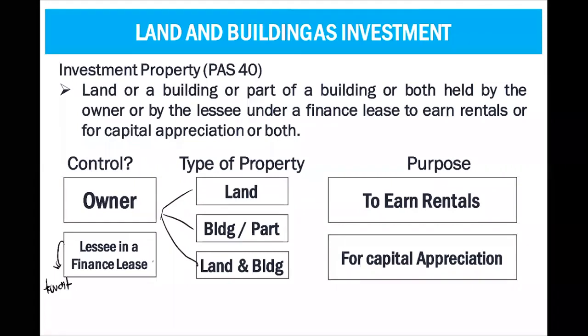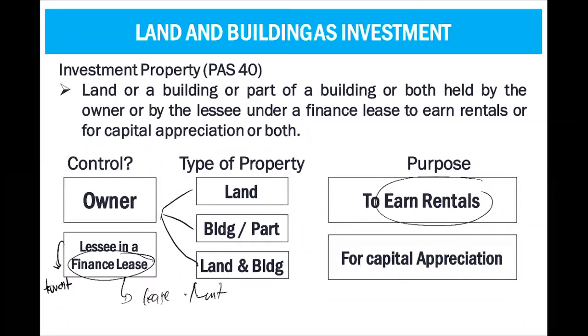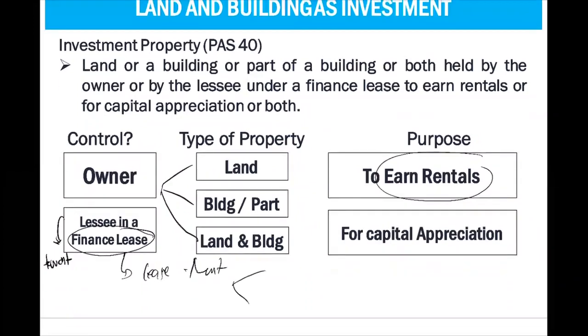So what is the difference between here and here? A finance lease, by the way, is rent. Your rent under our standard is composed of two. We have your finance lease and we have your operating lease. Your finance lease is a lease that after the lease term, there is a transfer of ownership.